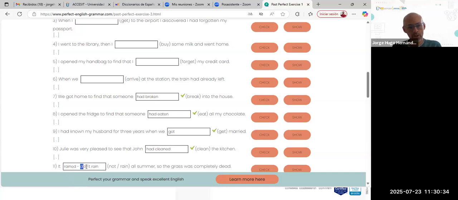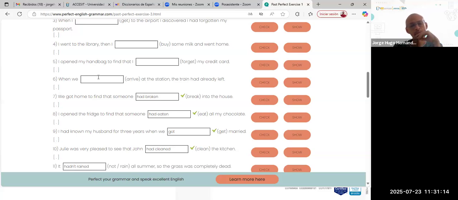In simple past, we have to use the auxiliary verb did. But if we are going to use past perfect, we say had rained, or the negative form, hadn't rained, okay? It's important to take that into account. So in this case, it's a negative sentence, so we have to use hadn't. It hadn't rained all summer, so the grass was completely dead.